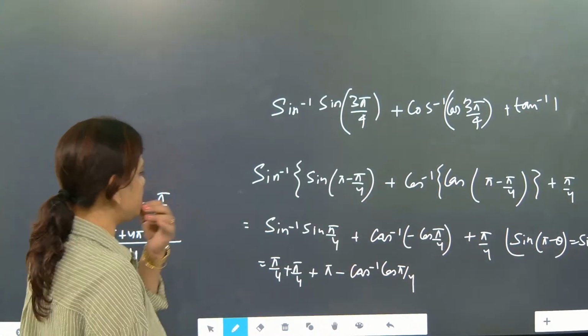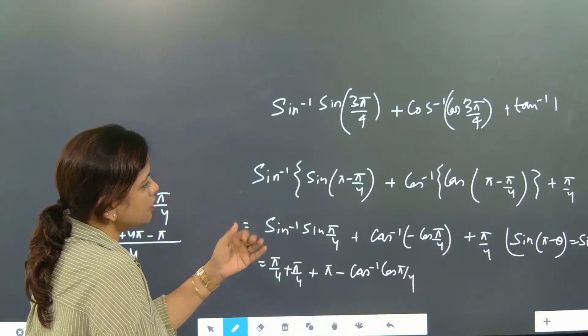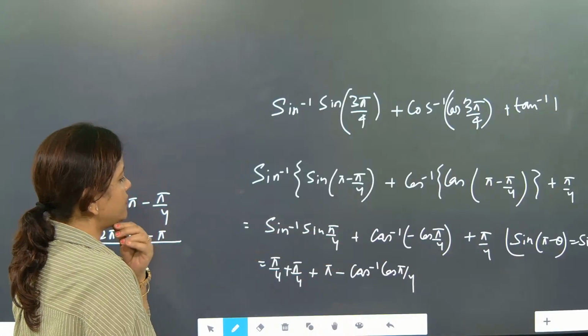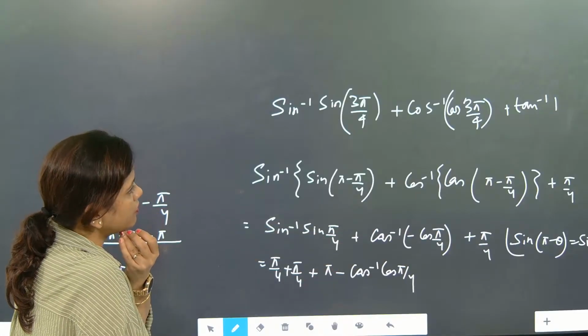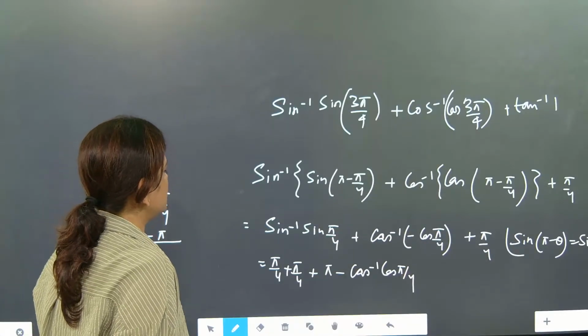Yes, 3 pi by 4 also should come because of 180 minus theta: cos inverse of minus, because 180 minus theta is minus cos theta. So pi minus cos inverse pi by 4. Yes, and tan inverse pi by 4. Check this one out.